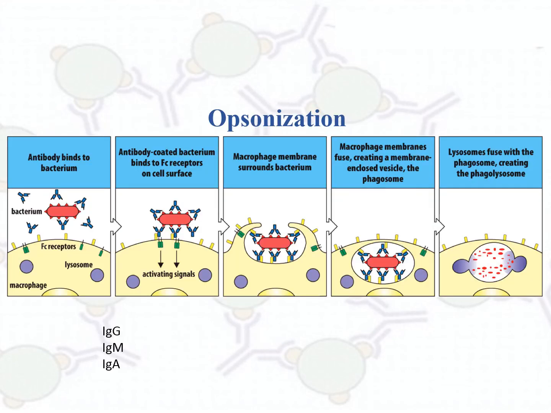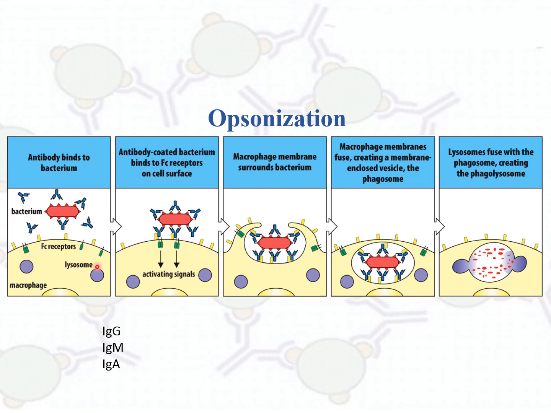Now let's look at how antigen-antibody interactions lead to opsonization and enhanced phagocytosis. The first step is that the antibody binds to the antigen on the surface of the bacterium to form an antigen-antibody complex. This complex binds to the surface of the macrophages and the neutrophils by means of their Fc segment.